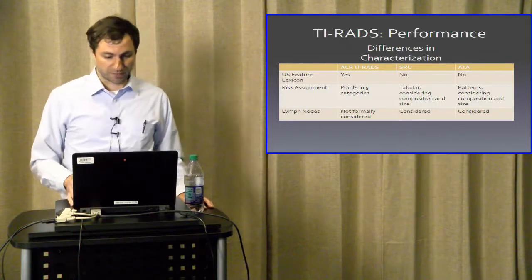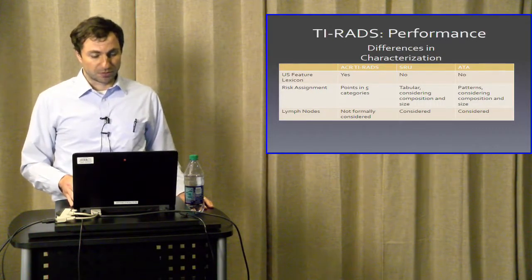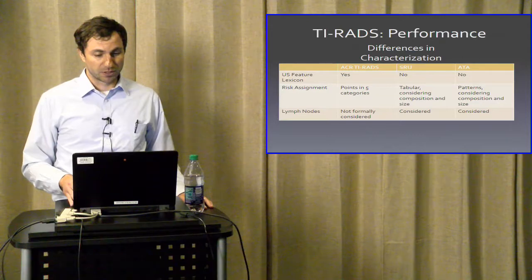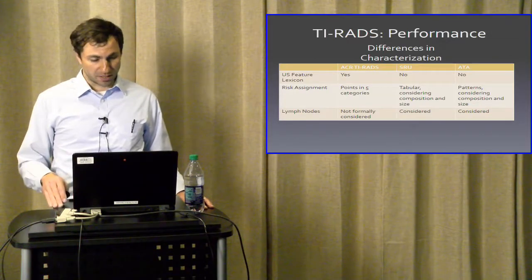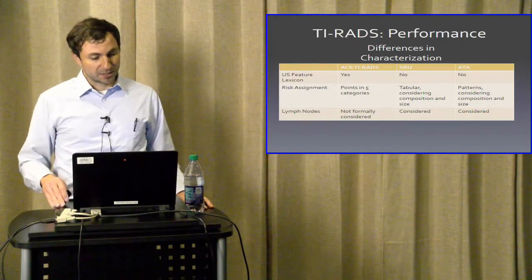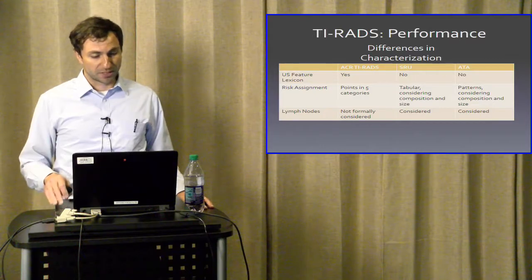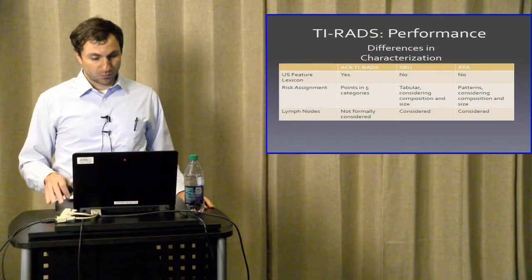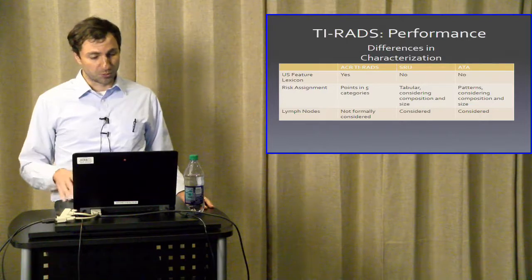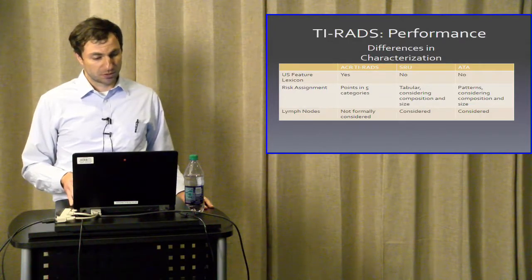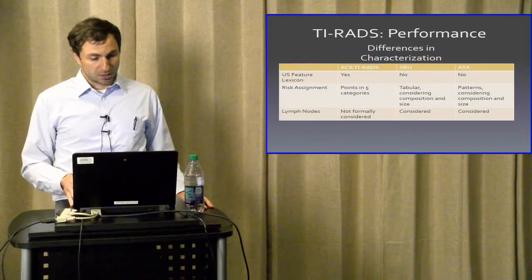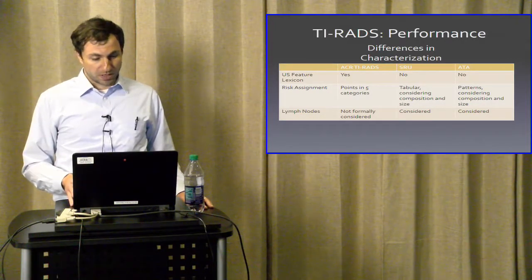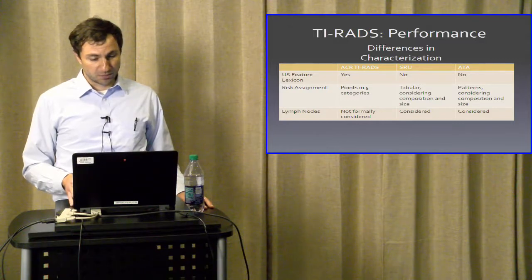So this is just a chart outlining some of the differences. These are the major points about characterization between each of the systems. With the TI-RADS, the nice thing about it for me is that it's easy. It has a standardized lexicon, which is basically predetermined words that you're going to put in your report to describe these nodules. You assess the risk on the 5 categories, which is not really a component of the other classification schemes.